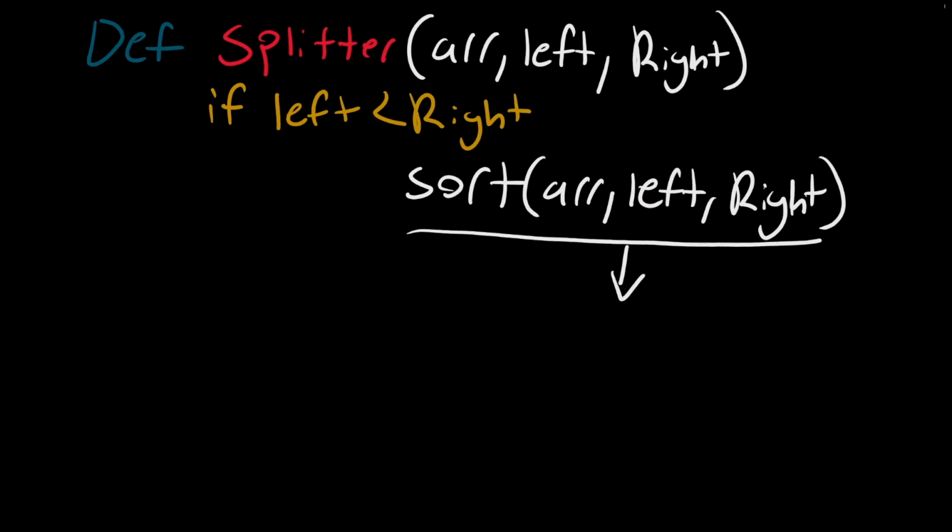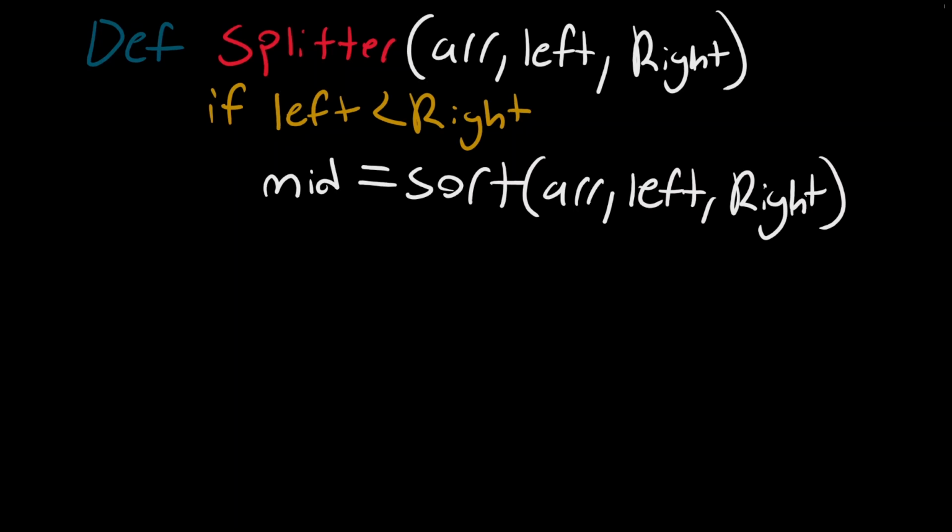So j became the new right barrier. We're going to take that, and that's going to be equal to the new barrier. So let's call it the new midpoint. And then after we take that, we're going to run splitter again.